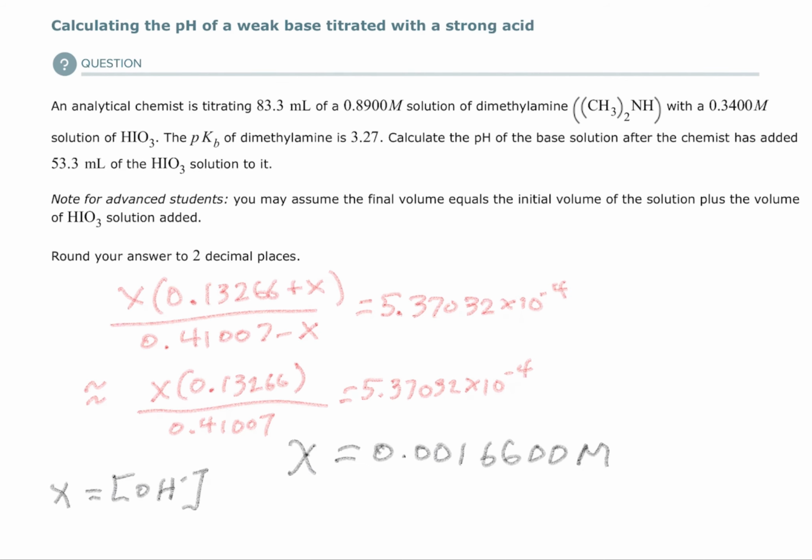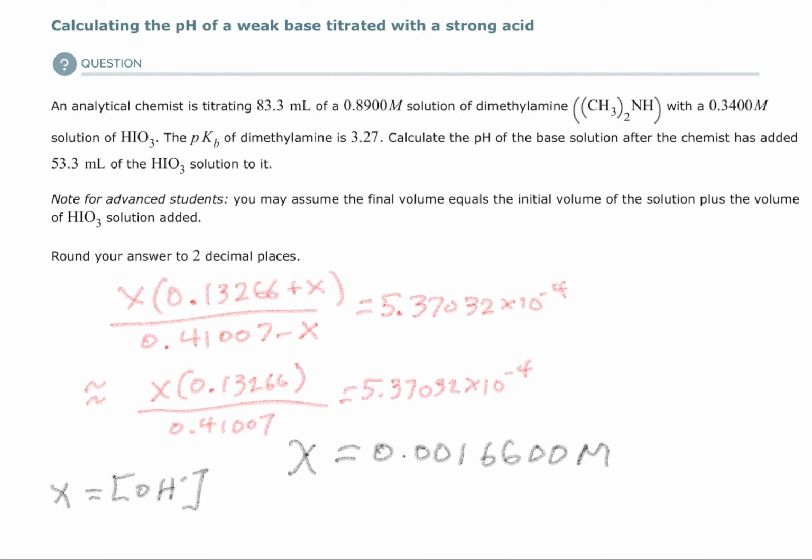Now I'm going to fudge this, okay, and you're going to want to fudge this too, because the only other way to do this is a hideous quadratic formula with x's and negative x's and plus x's, and nobody wants to do that. So I remember that this is a very weak base, and that I'm not making lots and lots of product.